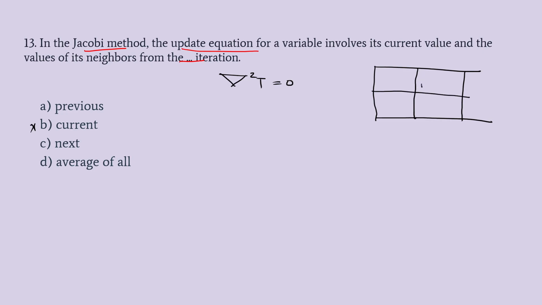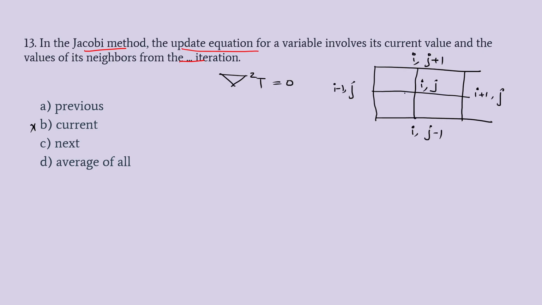Let this node be i comma j. This one is i minus 1 comma j, and this is i plus 1 comma j, and this one is i comma j plus 1, and the one below is i comma j minus 1. So these are the 4 ends of a cross.